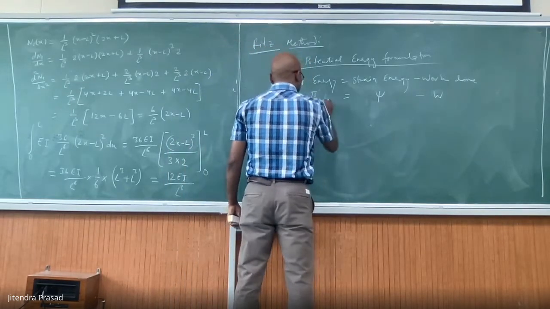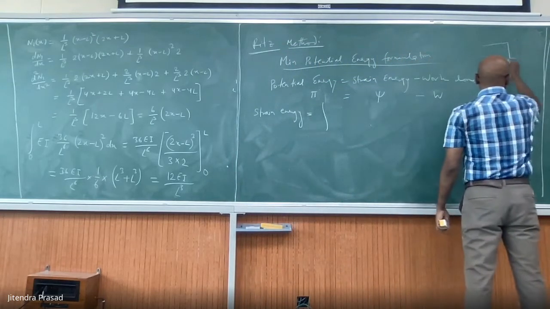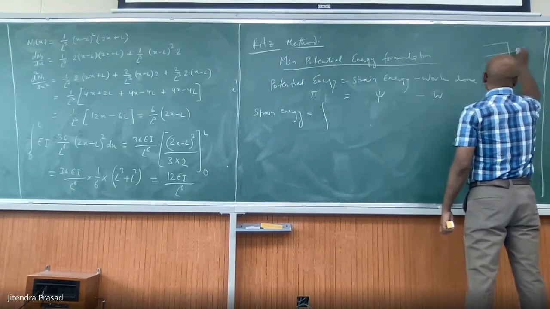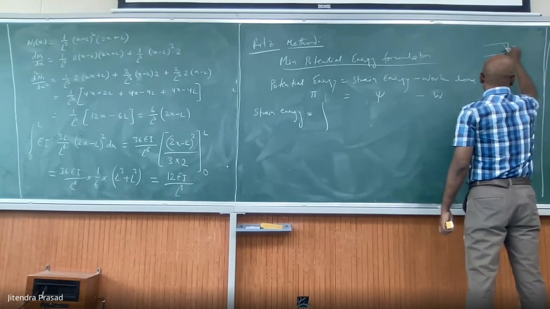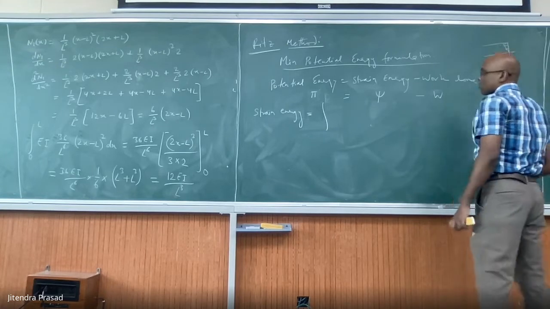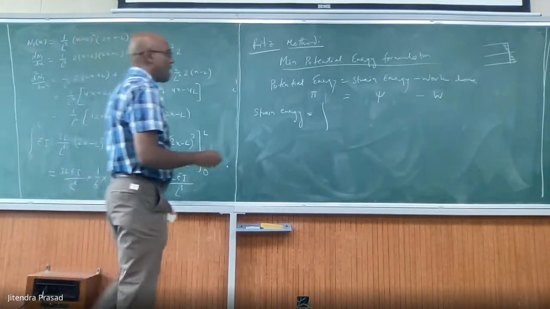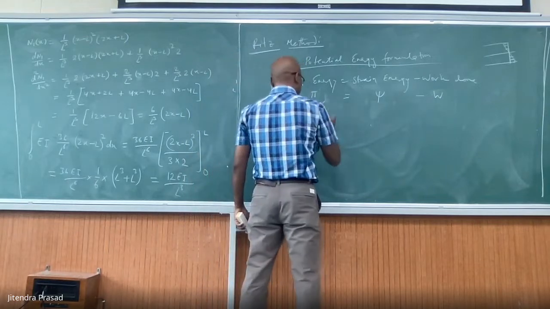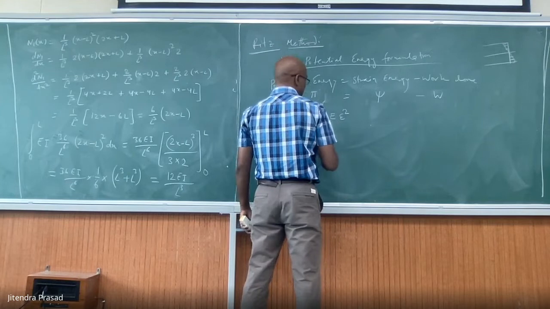you write. So in the case of a beam, what happens? You have a beam, and then you have the stress. So you say half E strain square, right, like this.